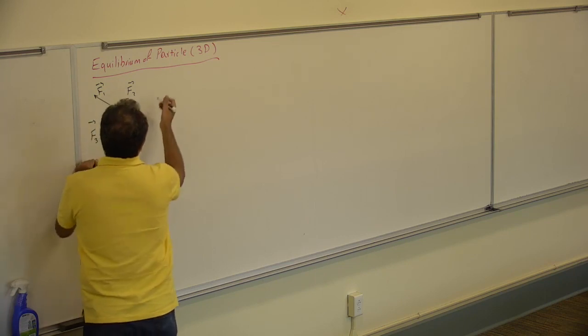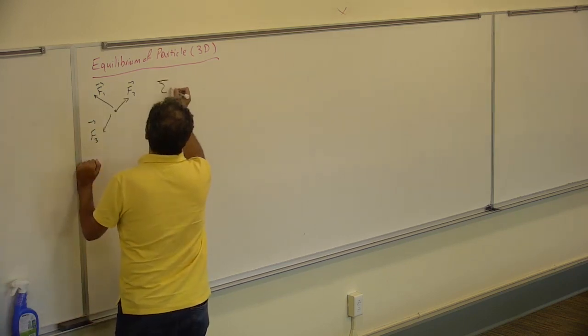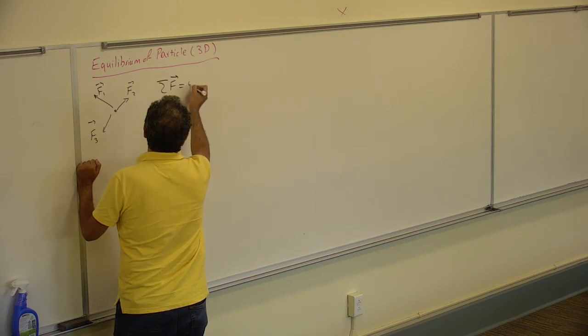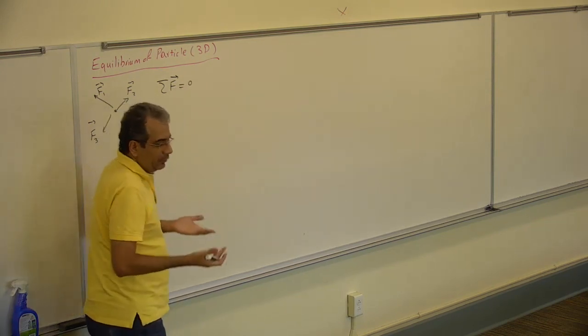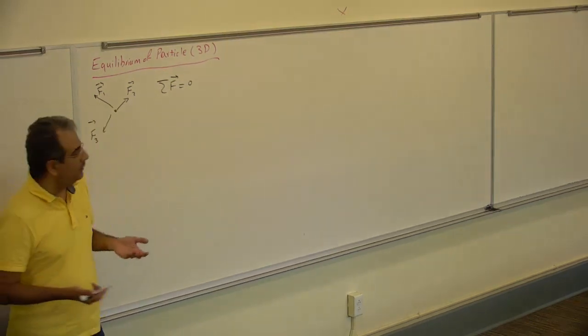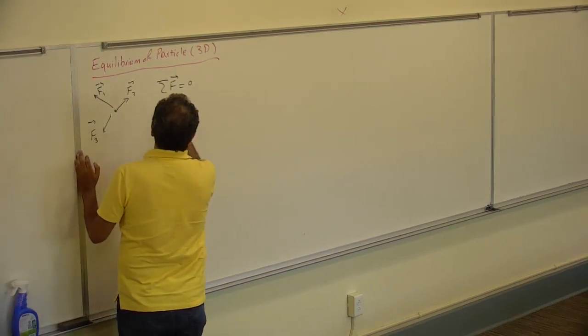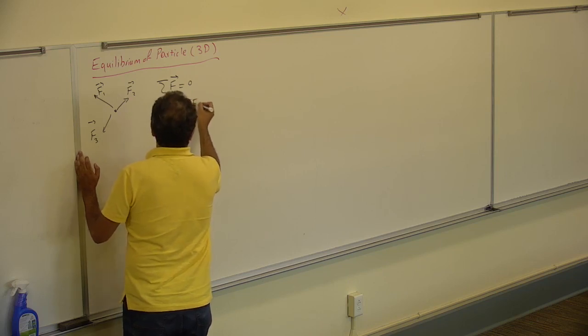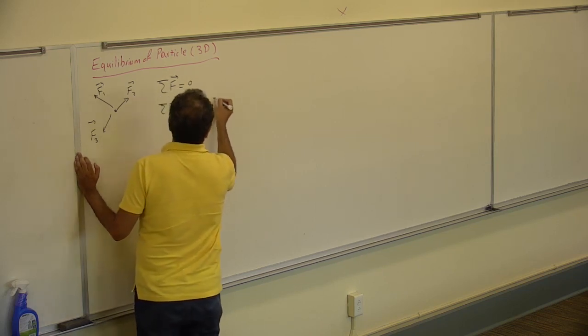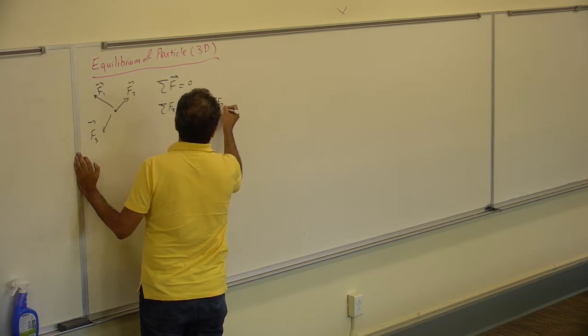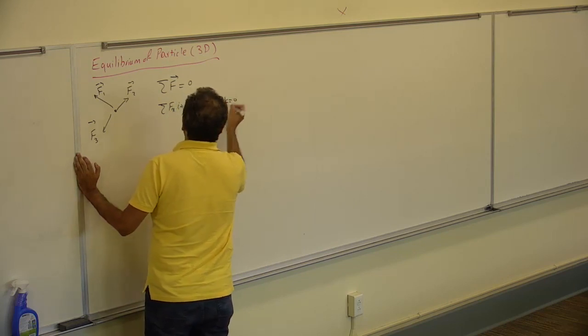As well as 3D. The only thing is that if they want to be in equilibrium, sigma F should be 0. And if I write that sigma F = 0 in the Cartesian format, it will be sigma Fx i + sigma Fy j + sigma Fz k, and it should be 0.